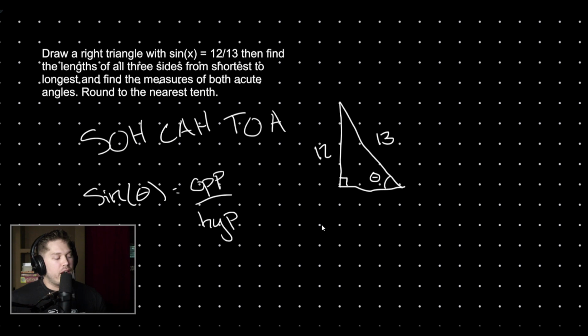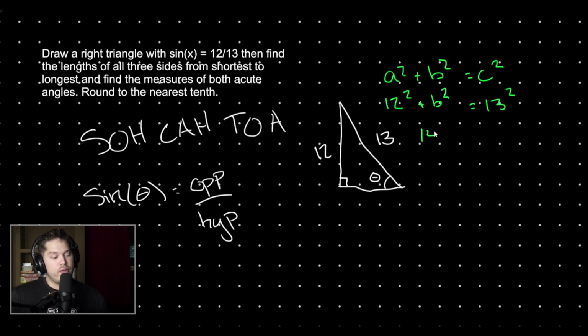All right, so we need to find our missing side length. How can we do that? Well, we can just use Pythagorean's theorem: a squared plus b squared is equal to c squared. 12 is a leg, and 13 is our hypotenuse, and we're missing the second leg, b squared.